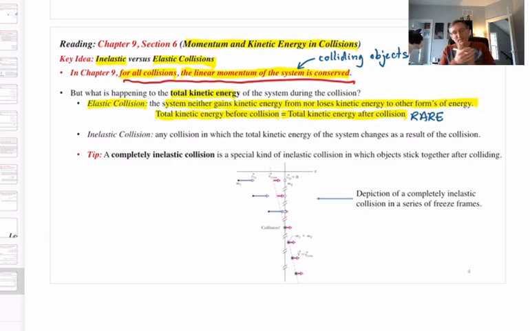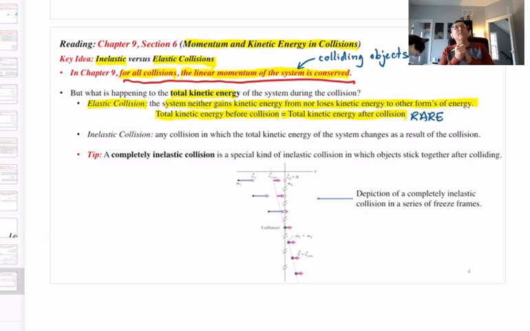Another approximate version of an elastic collision is the so-called Newton's cradle. The steel spheres hanging vertically on strings, and you pull one out, you release, and it hits, and the one on the end goes out. Those are approximately elastic collisions because those spheres don't get deformed.